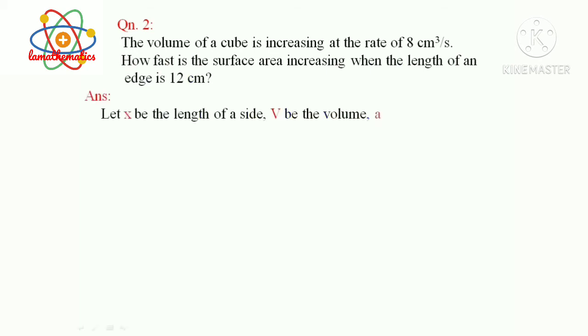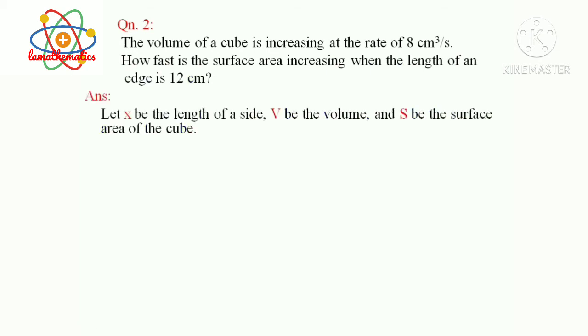Question number 2. The volume of a cube is increasing at the rate of 8 centimeter cube per second. How fast is the surface area increasing when the length of an edge is 12 centimeter? Answer.